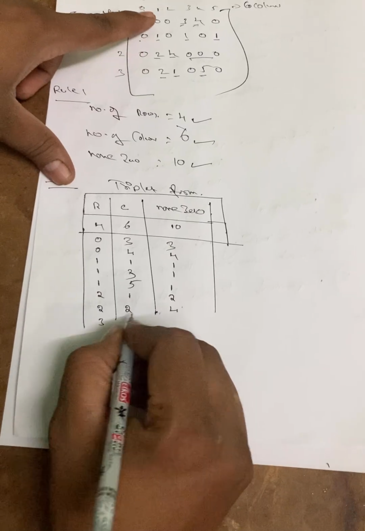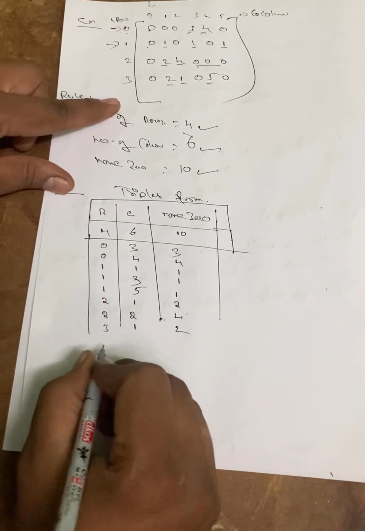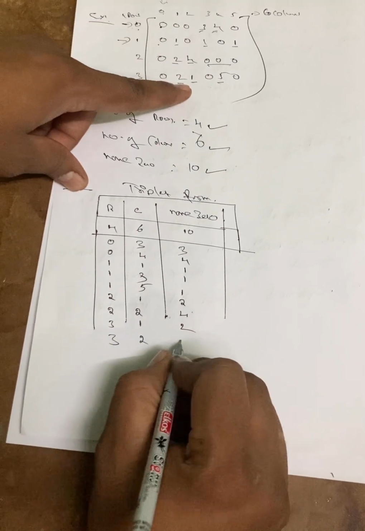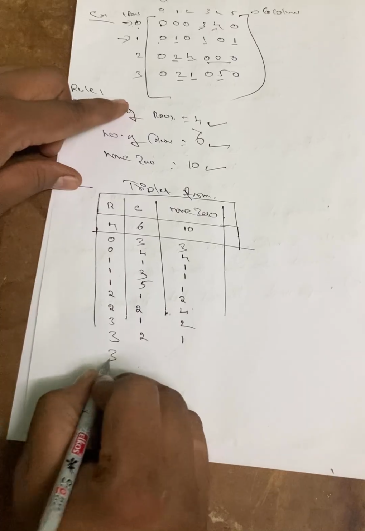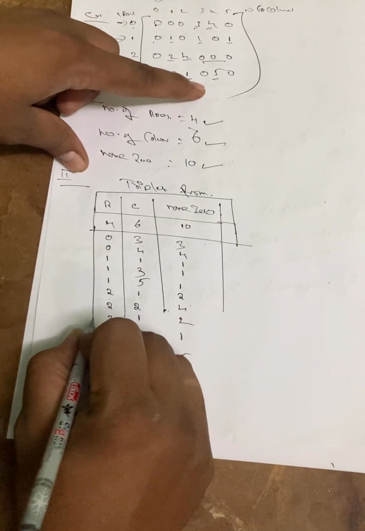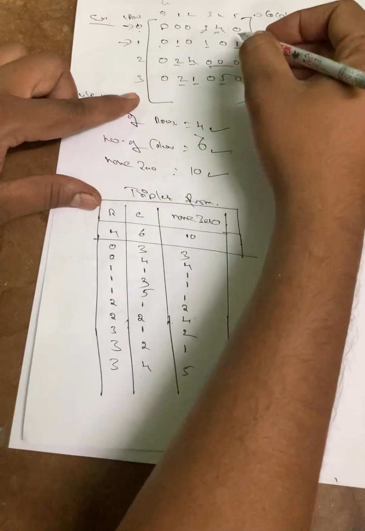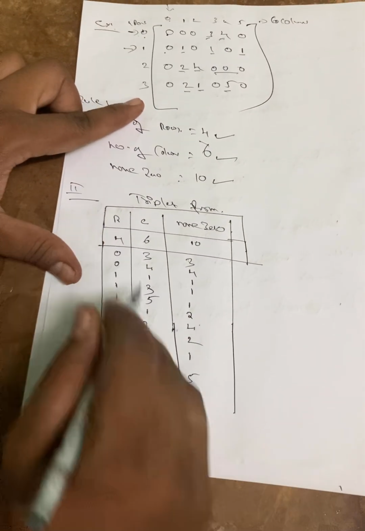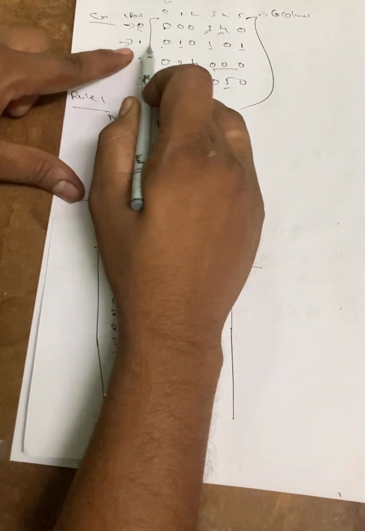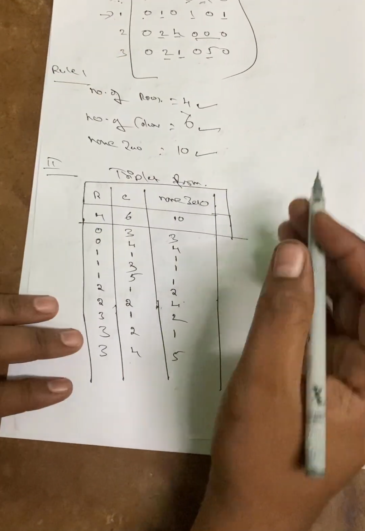So shift to the third row. Third row, first column, and value is 2. Third row, second column, value is 1. Third row, fourth column, value is 5. Can we find any more non-zero elements? We have almost completed all non-zero elements in every row with their specified column index.